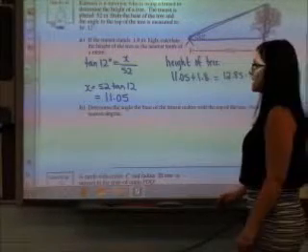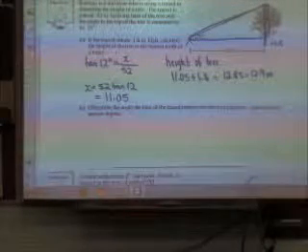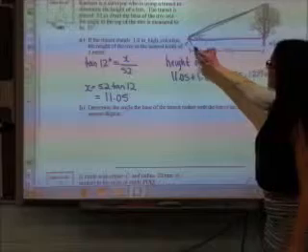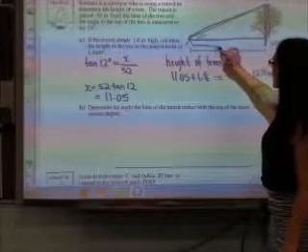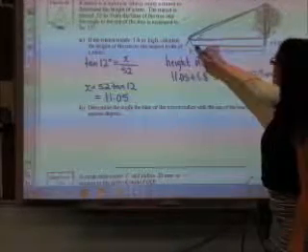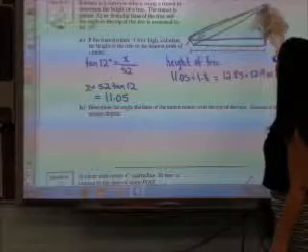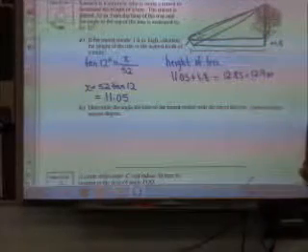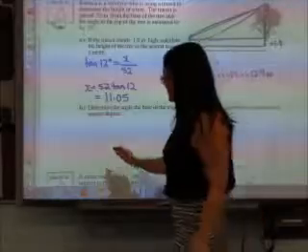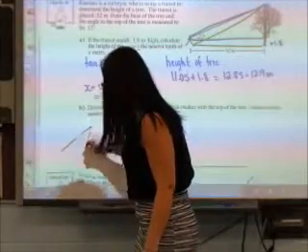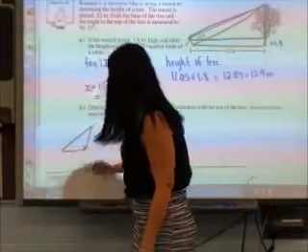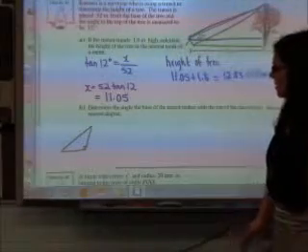Now, question B says determine the angle the base of the transit makes with the top of the tree. So that is looking from the base of the transit right here to the top of the tree. So in that triangle, if I replicate that triangle down here, there's my 90 degree. It's not drawn very right angle-ish.